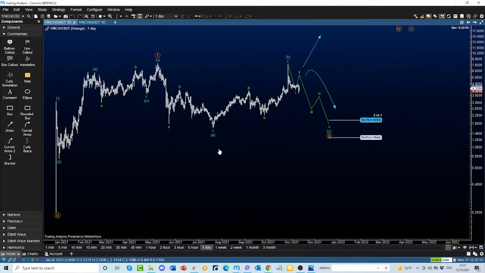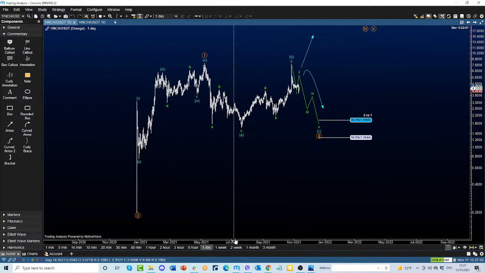So that's why I was looking for a complex correction down if we fail to produce anything sizable from here, which I think obviously we are not going to produce. This looks rather impulsive to the downside, and I will still stick to my readings of the market and the inability of 1inch to actually continue from this push on the upside.